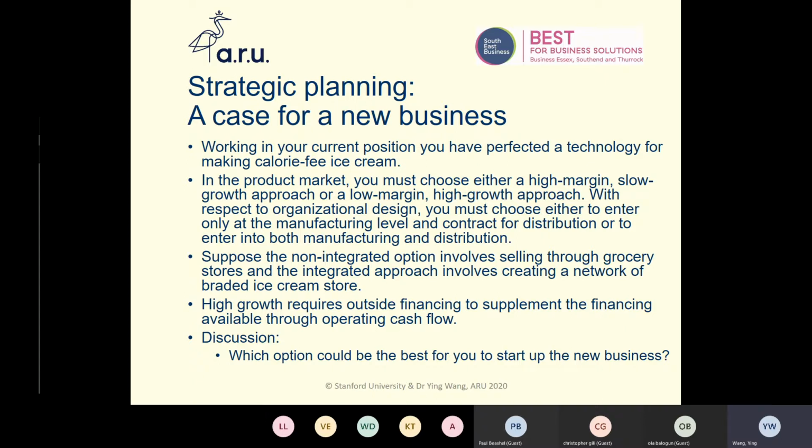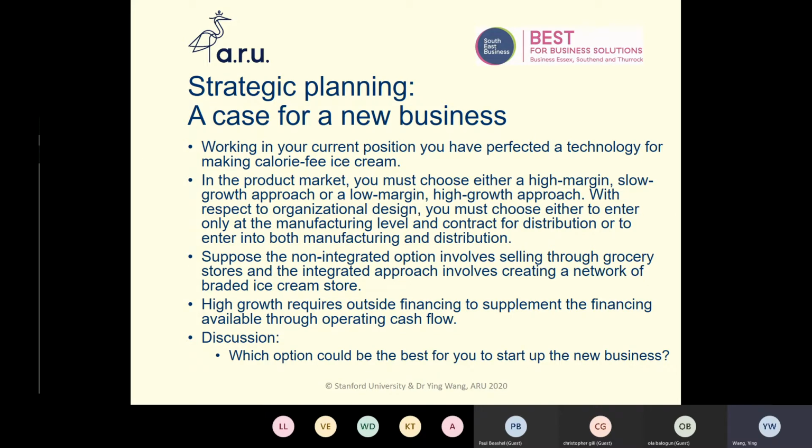In this case, assume that you want to make a calorie-free ice cream, and you have the technology. In the product market, you must choose either a high-margin, slow-growth approach or a low-margin, high-growth approach.